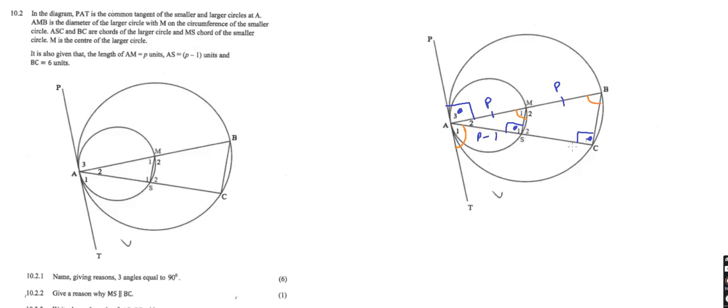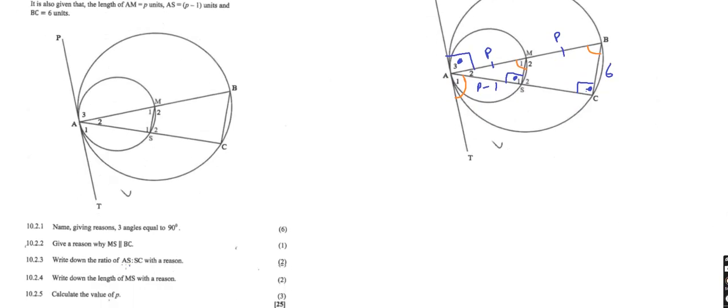SC, they've not said anything about it yet. We don't know if S is the center, or is the midpoint of AC. So let's not assume it. And BC is equal to 6 units. BC is going to be our 6 units like that.